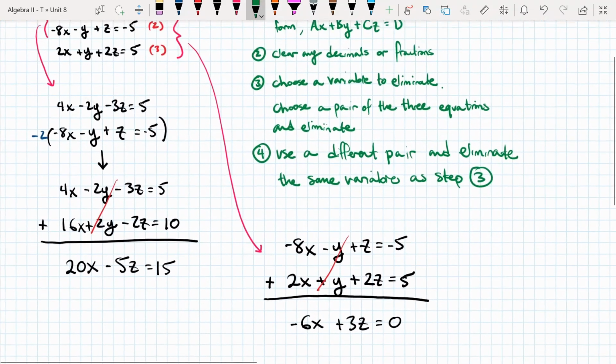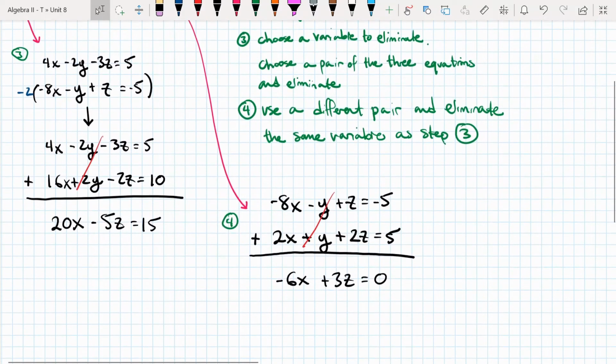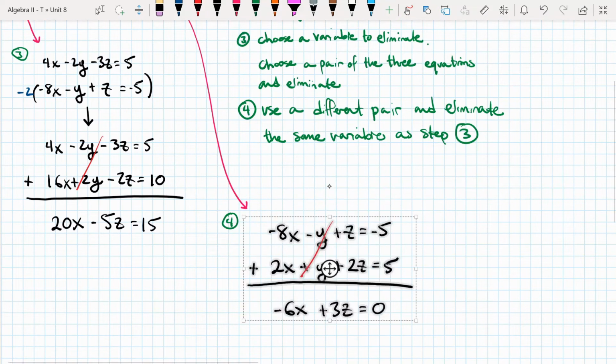So here's step 3 over here. This is step 4. Okay, so step 5. Looks like I have to move this down a little bit more. Step 5 is we're going to use these.